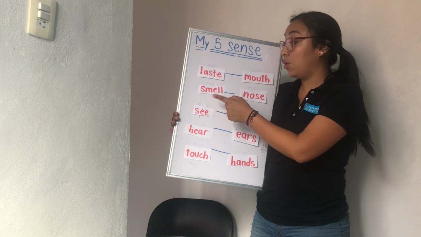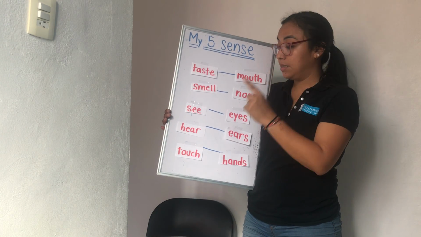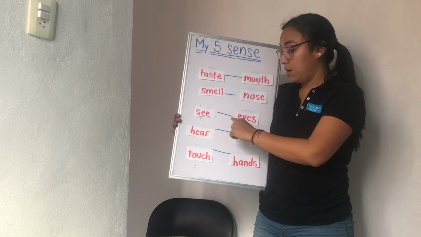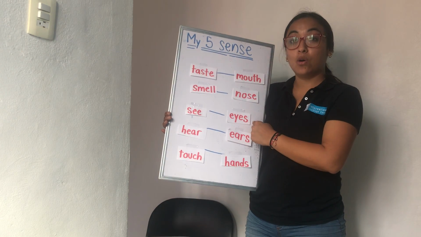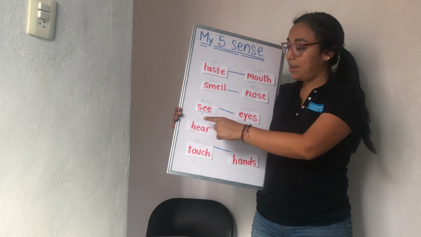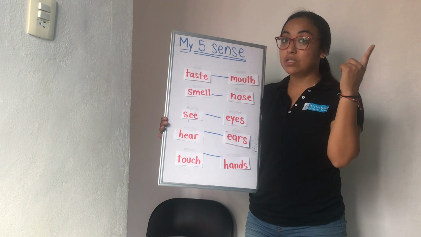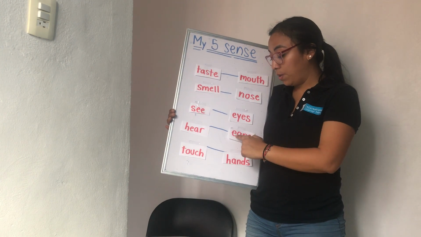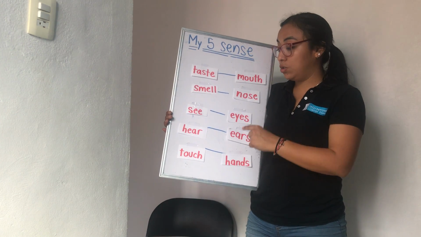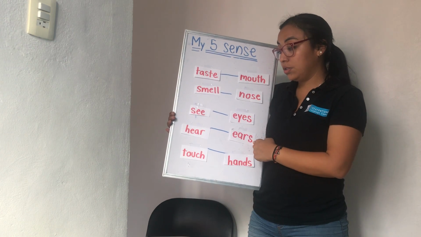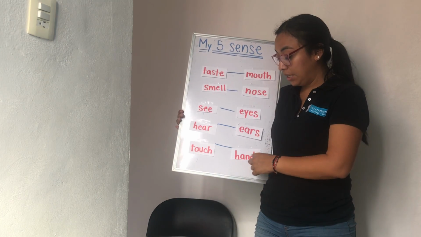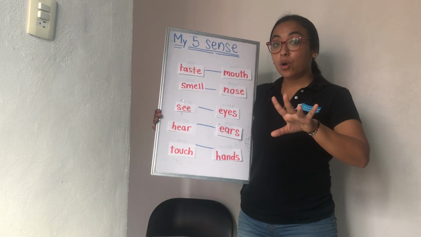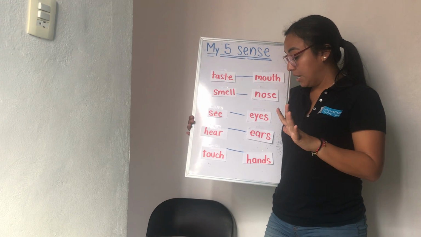Yo huelo con la nariz. I see with my eyes. Yo veo con mis ojos. I see with my eyes. I hear. Yo escucho. I hear with my ears. Yo escucho con los oídos o con las orejas. I touch with my hands. Yo toco con mis manos.